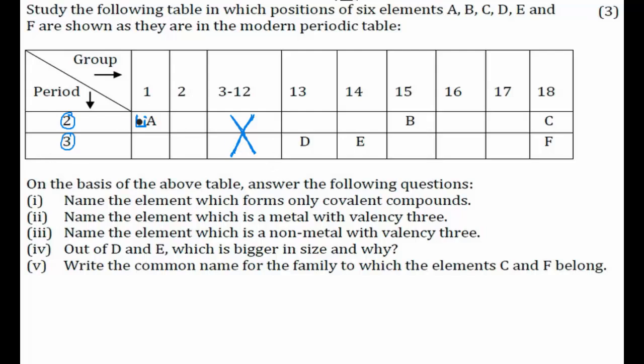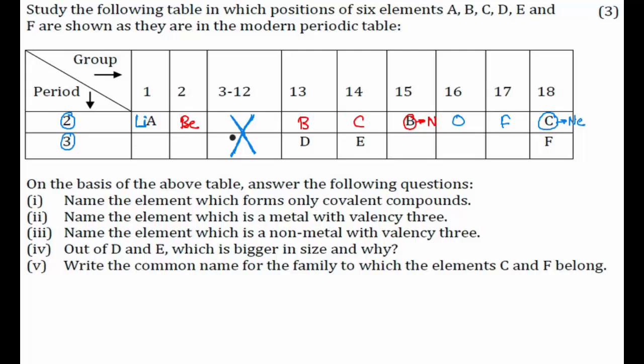After lithium comes beryllium, then boron, then carbon, so B is nitrogen. After that, oxygen, then fluorine, and C is neon. You must know which elements these A, B, C, D, E and F are.